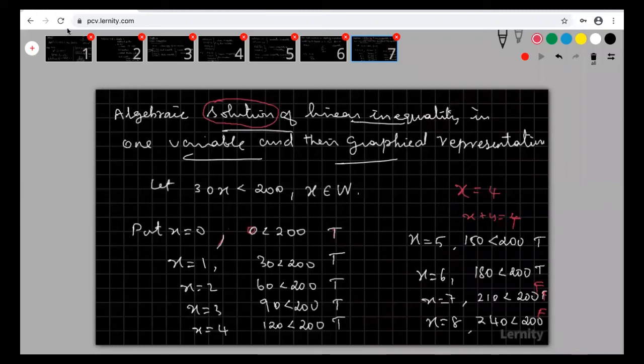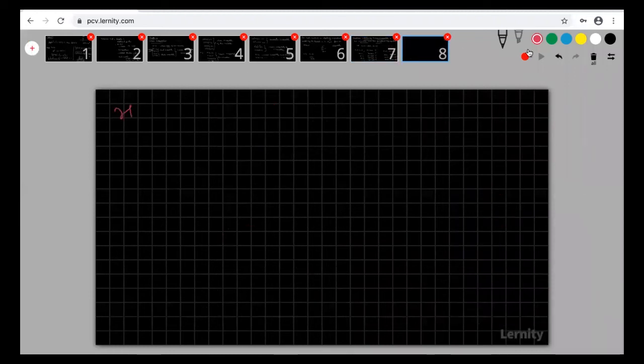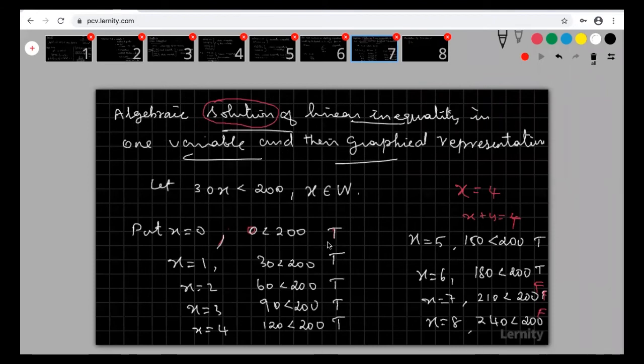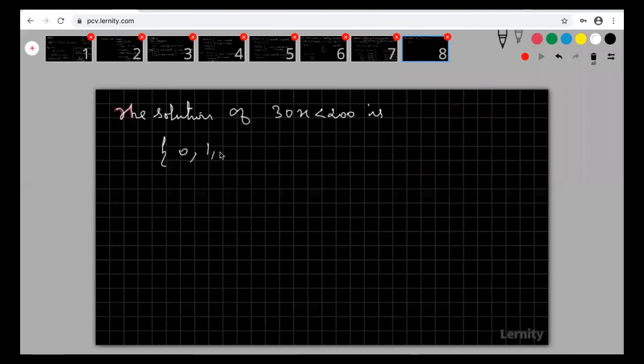So here, what is my solution? The solution of the inequality 30x less than 200 is the solution set. What are the values of x satisfying this inequality? x is 0 satisfying; satisfying means it makes the inequality true. x is equal to 1 also makes this true. 2 also makes this inequality true. 3 also making true. 4, 5, 6.